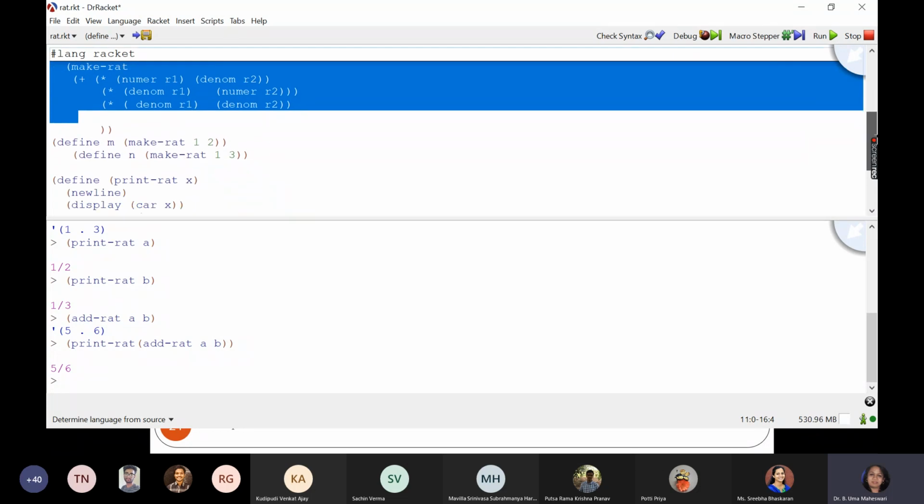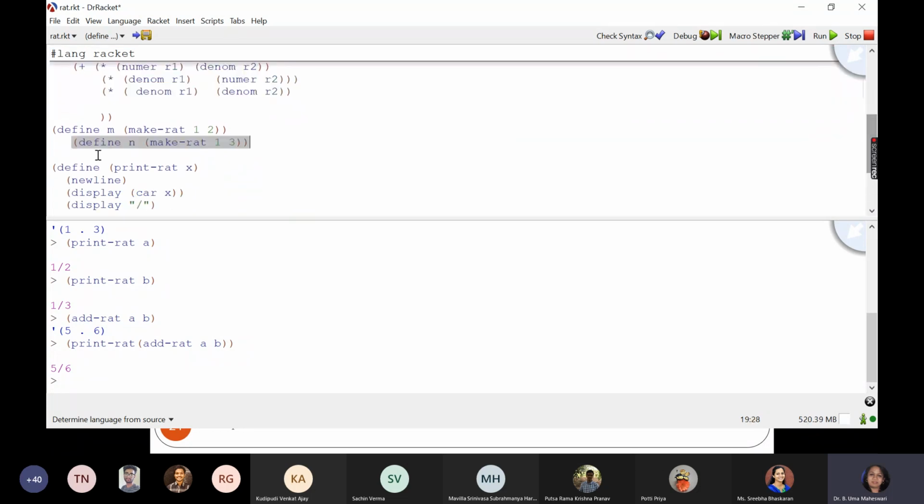Okay, so now I want to define some variables. I'm just going to define a variable. Define. Can you tell me the syntax? I have defined all these procedures. Now I would like to create two rational numbers and perform the addition.